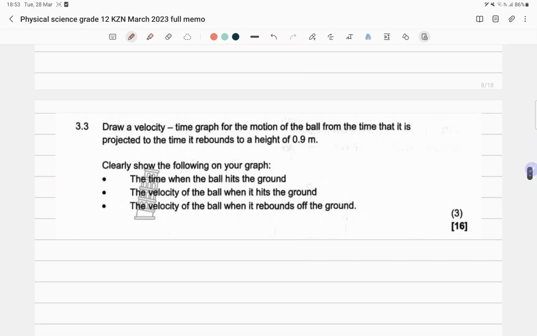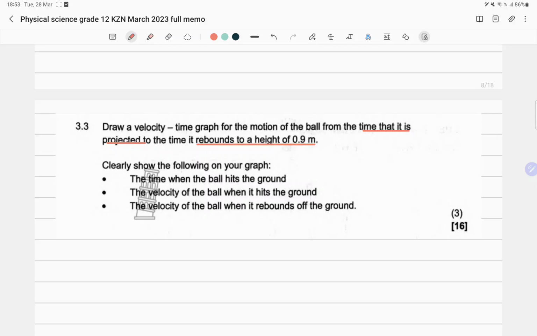Okay, enough. Now it says draw a velocity time graph for the motion of the ball from the time that it is projected to the time it rebounds to the height of 0.9 meters.